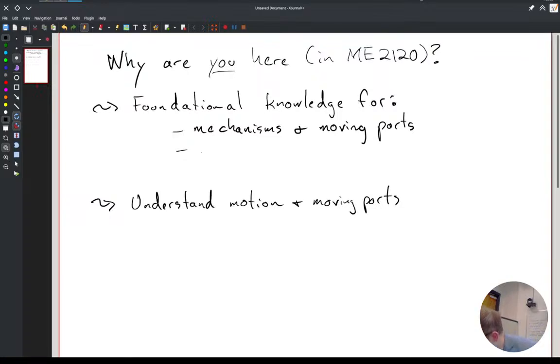So it could be for solid mechanics or for fluid mechanics, but it's now mechanics of materials instead of just mechanics. Here we're saying everything's a rigid body. No matter how much force I put on it, it's not going to bend.